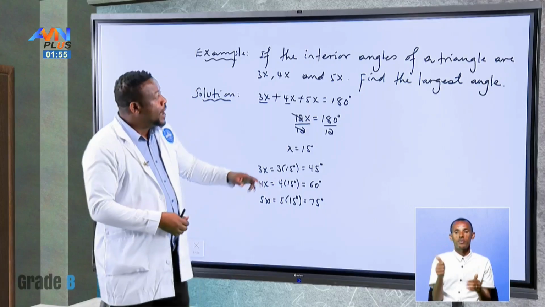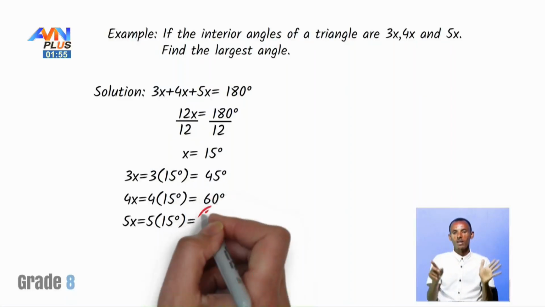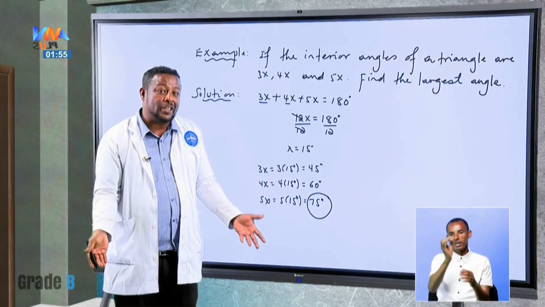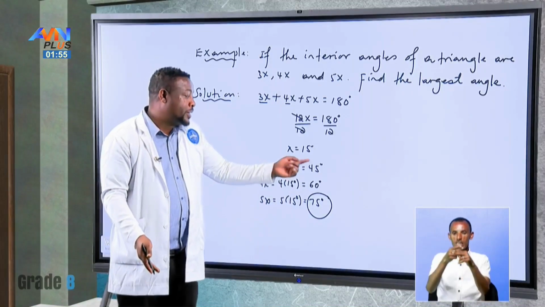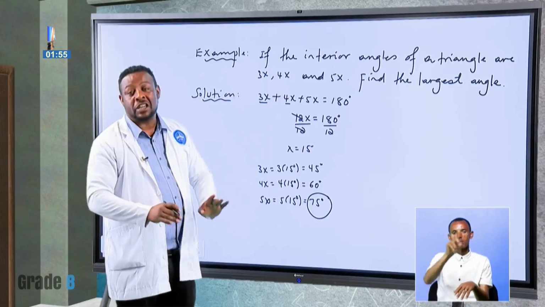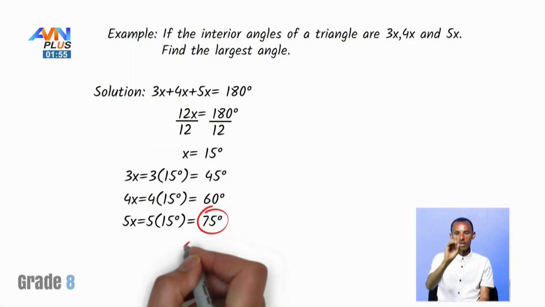Now we are asked the largest. Clearly the largest of these three is 75 degrees. If you are asked the smallest, your answer would be 45, but for the time being, we are asked the largest angle, so your answer will be 75 degrees.